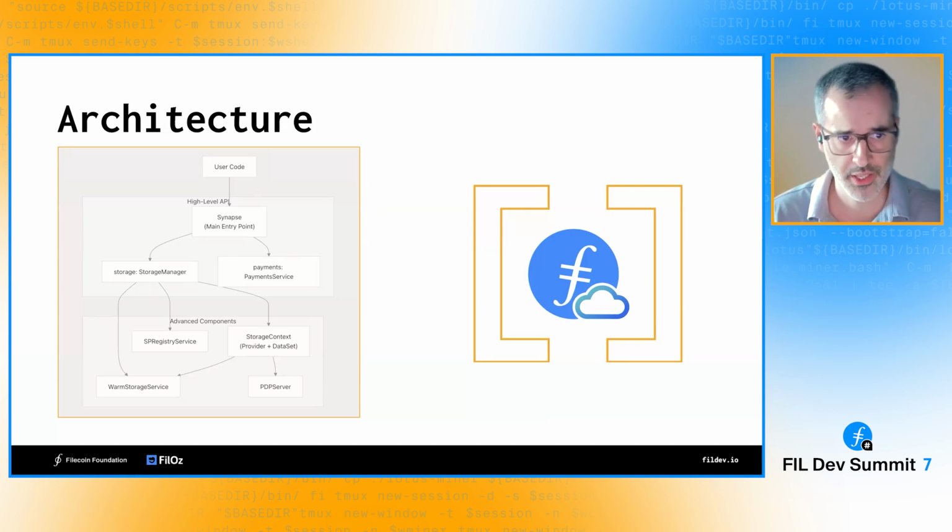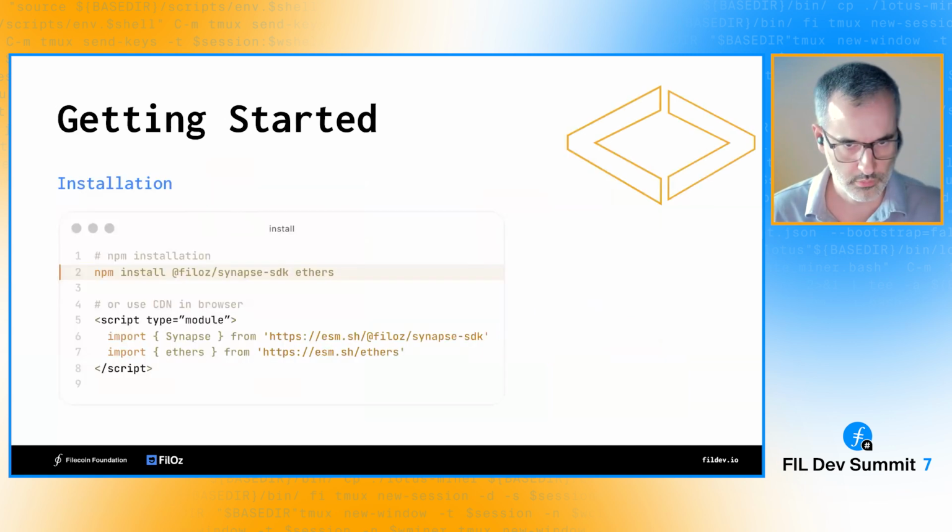The storage manages all the storage contexts and all the storage operations, and the payments handles token deposits, withdrawals, settlements of payment rails, and everything around that. You can also go into the advanced components. As I've said, you can use each of these components individually, and you can compose them and connect them in any way you want to build your applications.